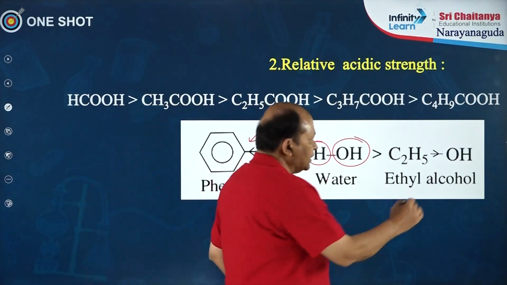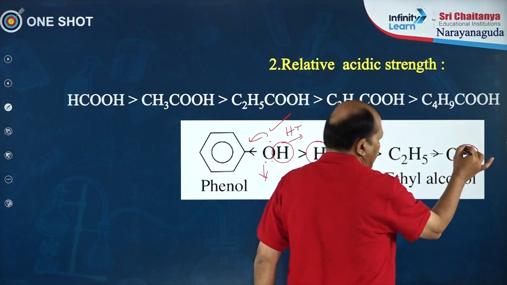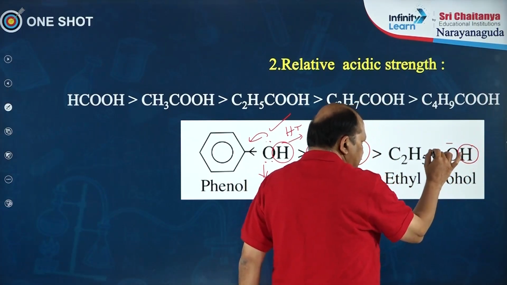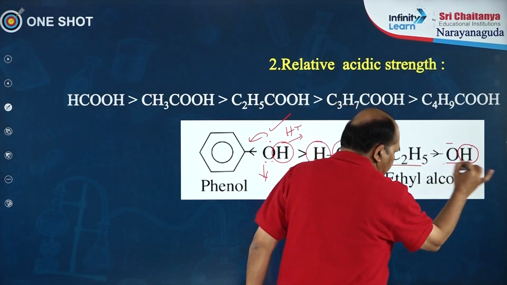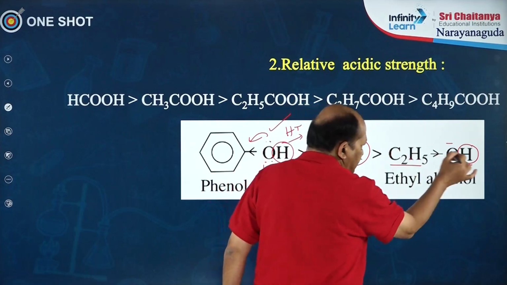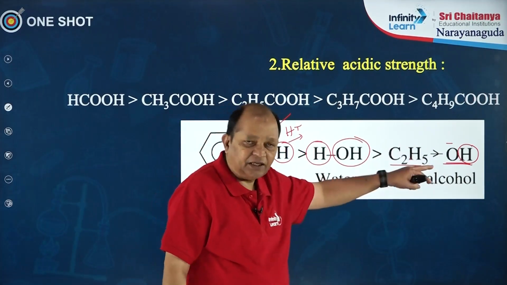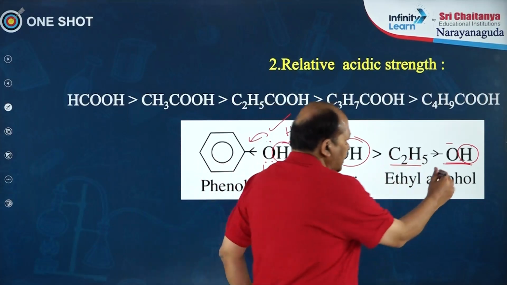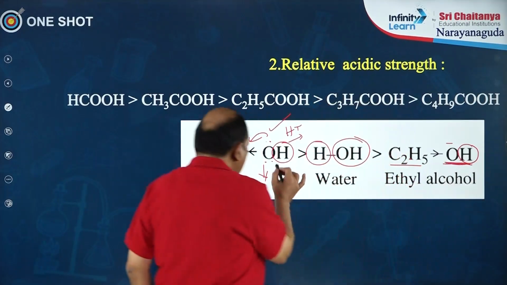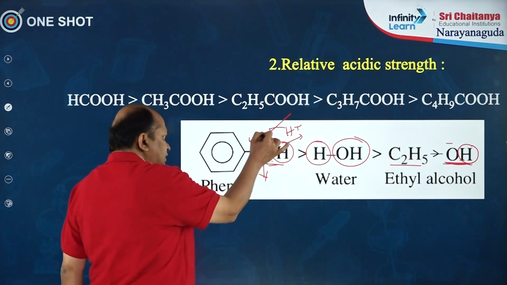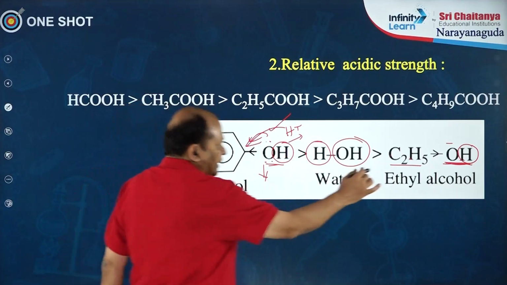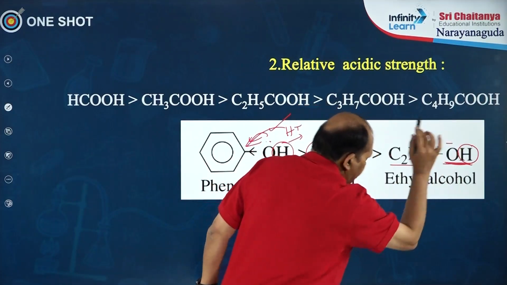And in ethyl alcohol, if it loses H plus, the polarity is decreased because of the electron releasing nature of the ethyl group. Actually, the polarity of OH is increased in phenol because the electrons are being taken into the ring. Here it is decreased because they are given here.